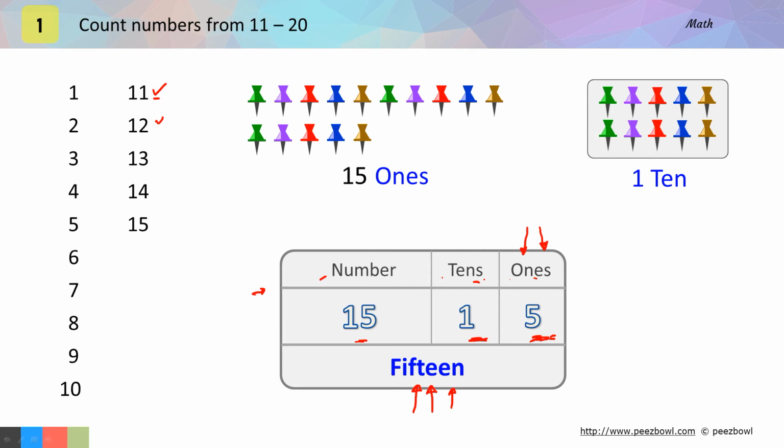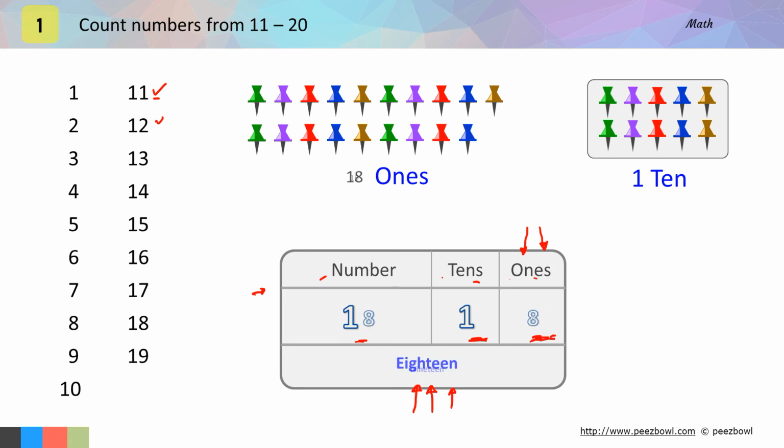Same way, look at number 16, 17, 18 and 19. Notice here carefully, after 10 we are increasing only the ones place value. Now let us refer to the numbers on the left hand side. Notice carefully, after 10 we are increasing only the ones place value.